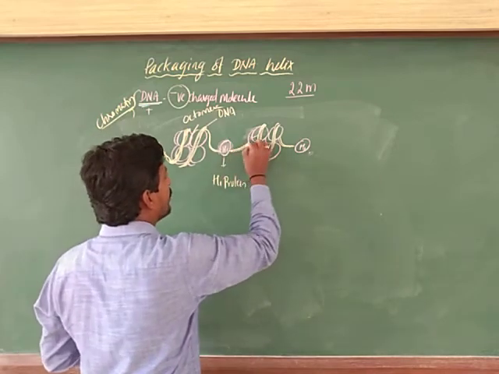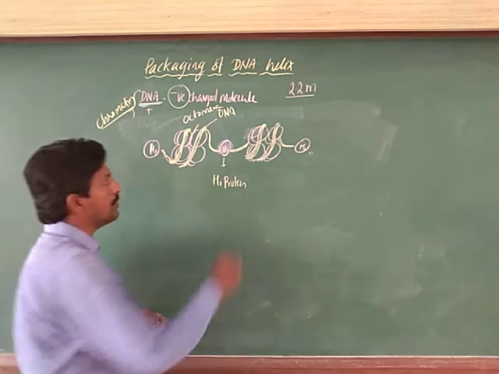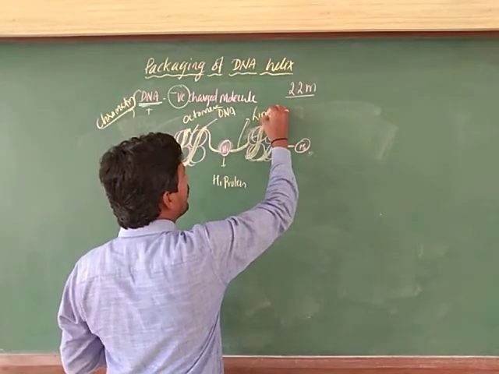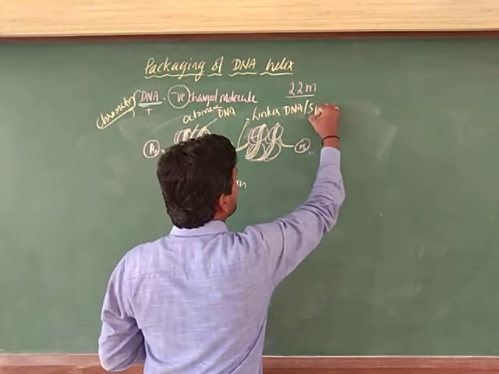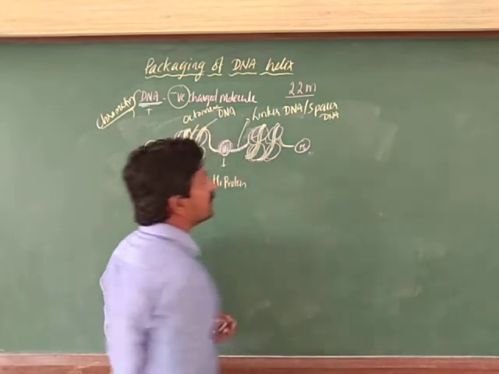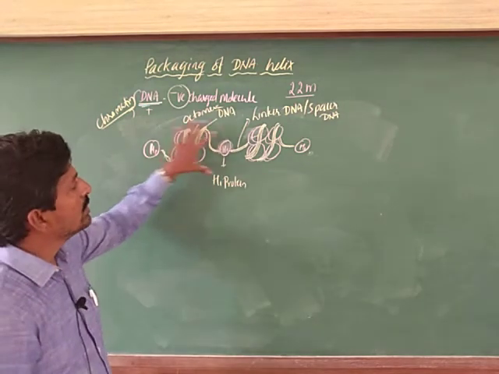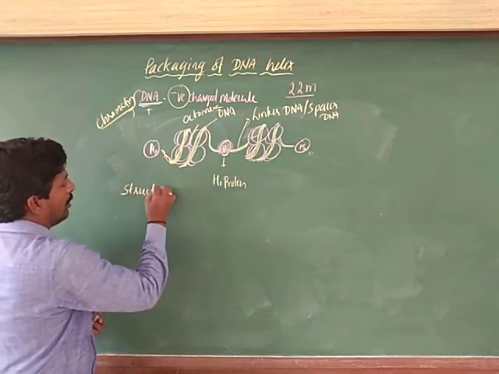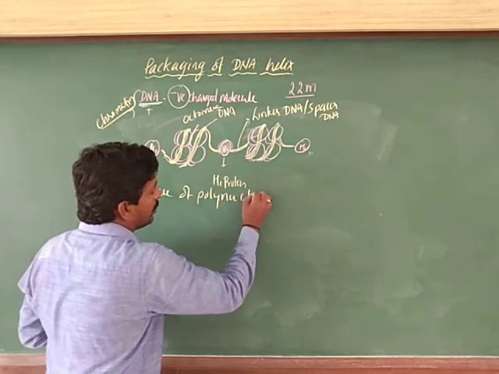The DNA which links the two octamers is called spacer DNA or linker DNA. So this is the structure of polynucleosome.